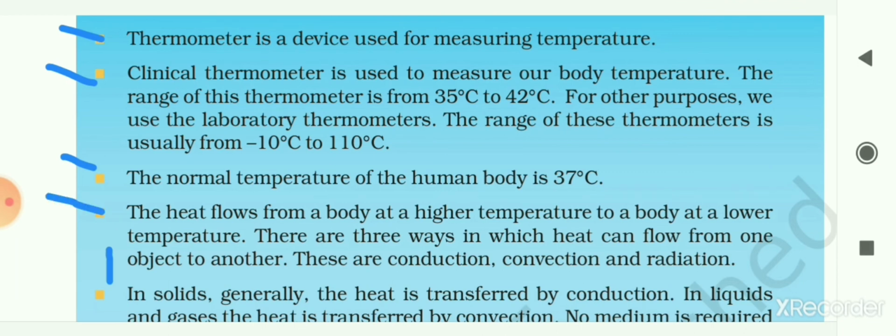Heat flows from the body at a higher temperature to a body which is at a lower temperature, and if there is no temperature difference between the two bodies, then heat will not transfer between the two objects. There are three ways in which heat can flow from one object to another, and these three ways are conduction, convection, and radiation.